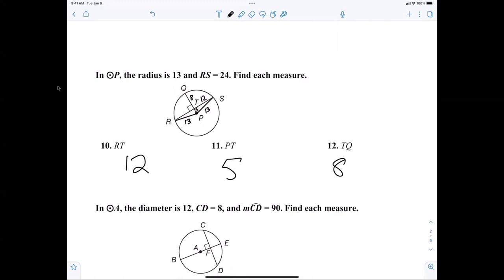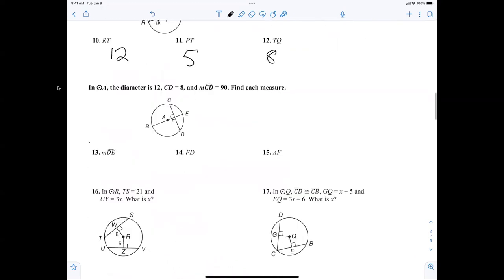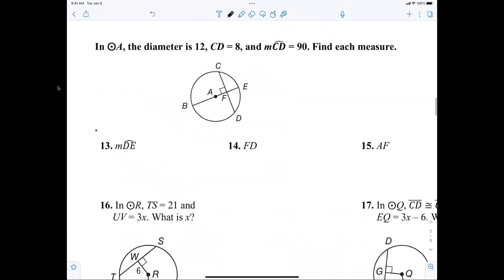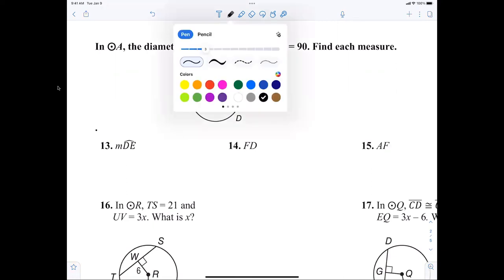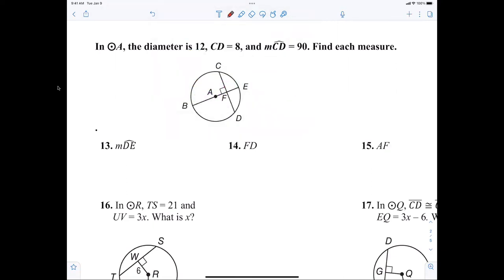Okay, let's see if I can help you with 13, 14, and 15. In my opinion, you should go ahead and write in these things. The diameter is 12. Now, I don't really like the diameter being 12, so I'm going to call AB how much? 6. That's how I would handle it. AB is 6. CD is 8.